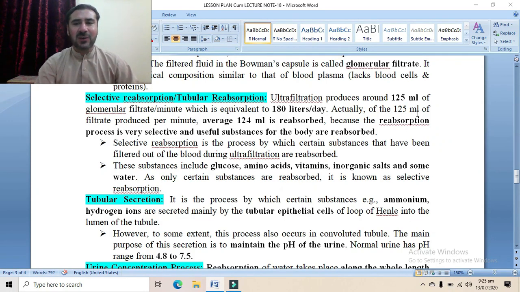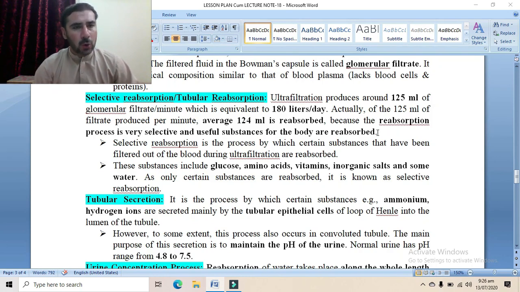So actually of the 125 ml of filtrate produced per minute, on average 124 ml is reabsorbed, because the reabsorption process is very selective and useful substances for the body are reabsorbed. This is known as selective reabsorption, because selectively those substances which are important for the body will be reabsorbed.